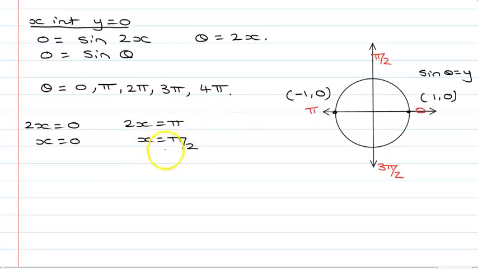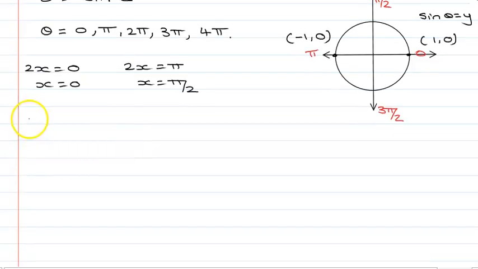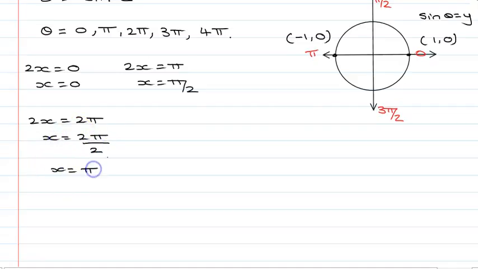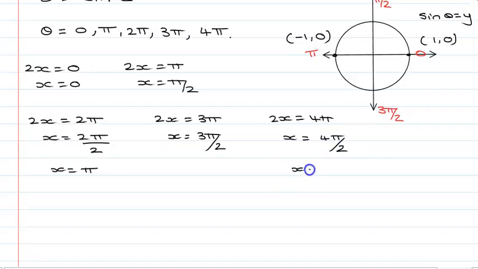The third solution, right underneath, 2x equals 2 pi, so x equals 2 pi over 2, so therefore x equals pi. Next, we've got 2x equals 3 pi, so that gives us x equals 3 pi upon 2. And finally, we have 2x equals 4 pi, so x equals 4 pi upon 2, meaning that x equals 2 pi.